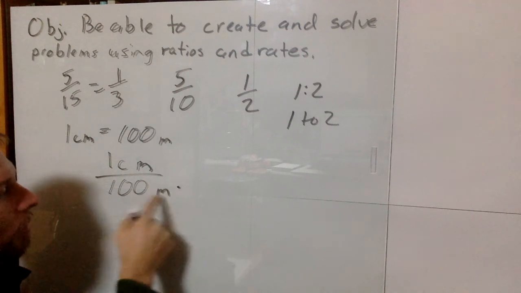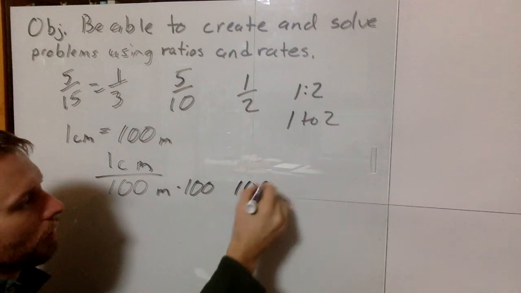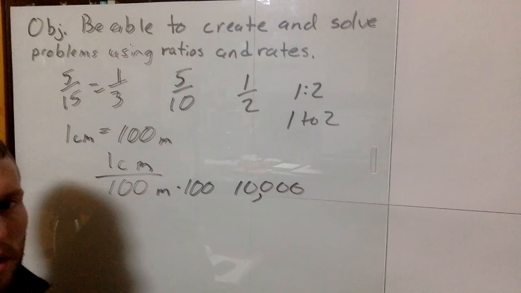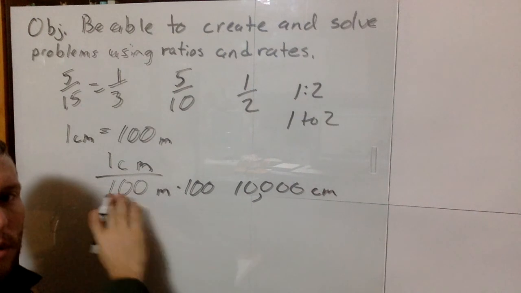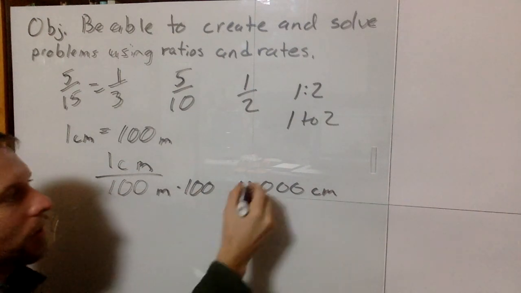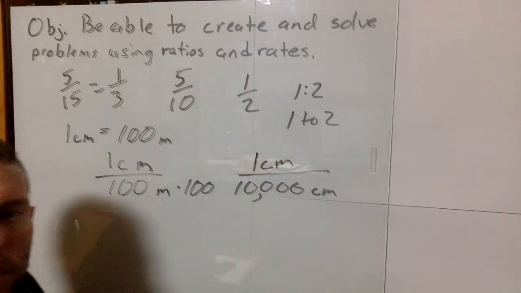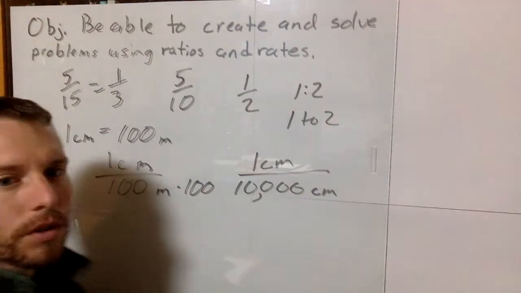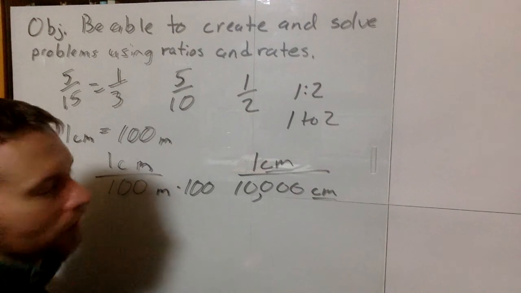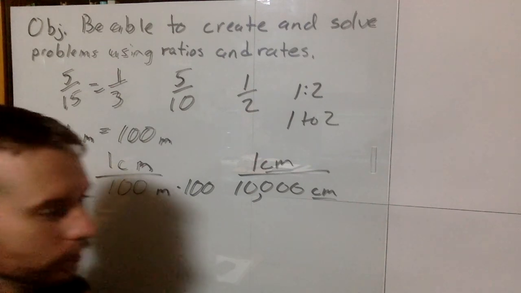So if we multiply 100 meters times 100, we get 10,000 centimeters, because 100 meters is 10,000 centimeters. Then the scale would be 1 centimeter equals 10,000 centimeters. Now that we have the same units, this is in fact still a ratio problem.